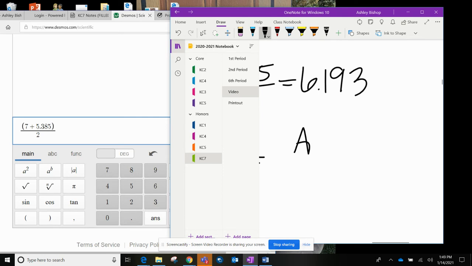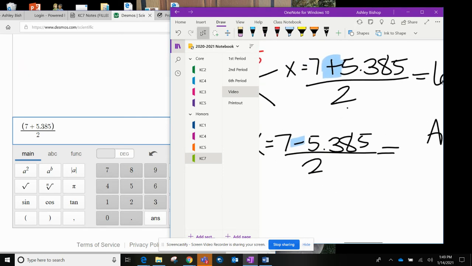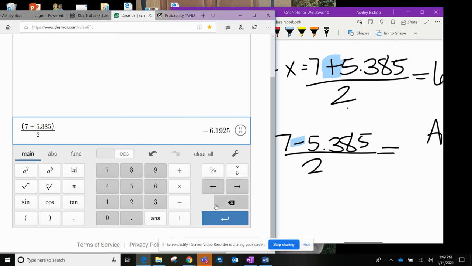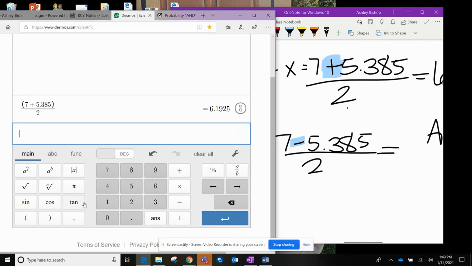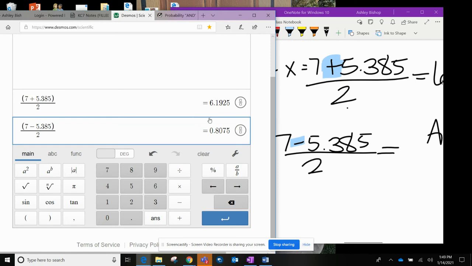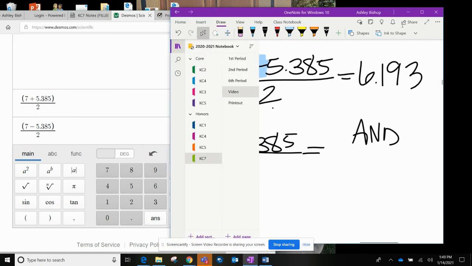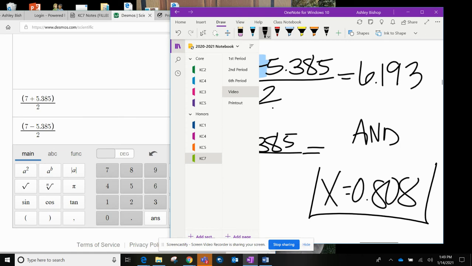And my other answer is going to be the answer to this question, 7 minus 5.385. So parenthesis, 7 minus 5.385 divided by 2. And that gets me 0.807. That 5 tells me to round up to 0.808. So these are my 2 answers.